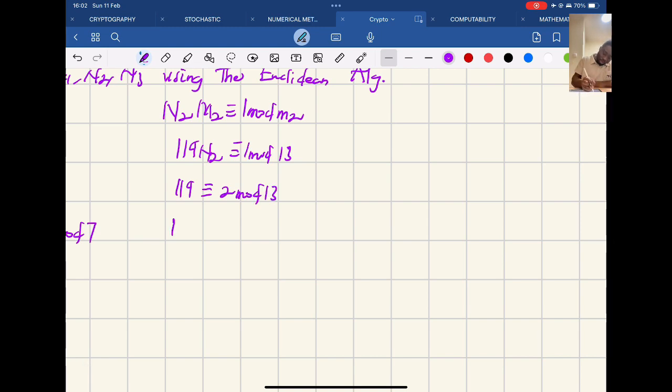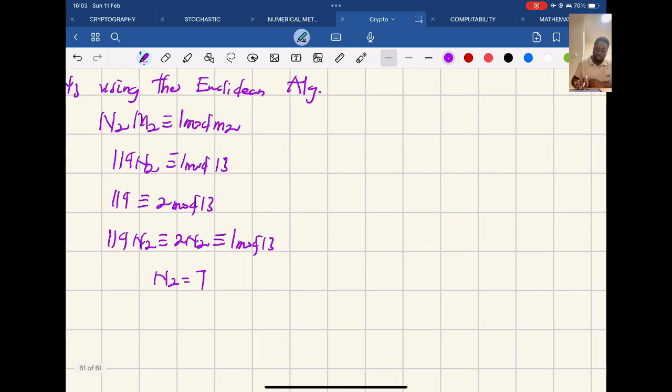So 2 n2 is congruent to 1 mod 13. Now we want a number that if we multiply by 2, we get a remainder of 1 in mod 13. With the Euclidean algorithm, you will see that n2 is equal to 7. 2 times 7 is 14, and 14 mod 13 is 1.